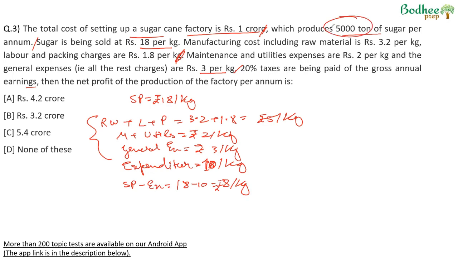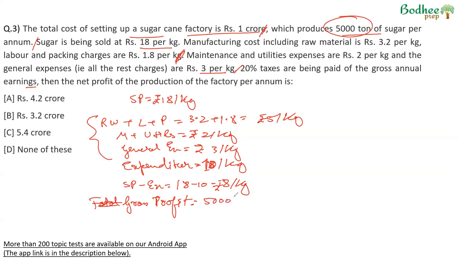The production is 5,000 tons and therefore the gross profit, before taxes, would be production which is 5,000 tons into 8 rupees per kg.